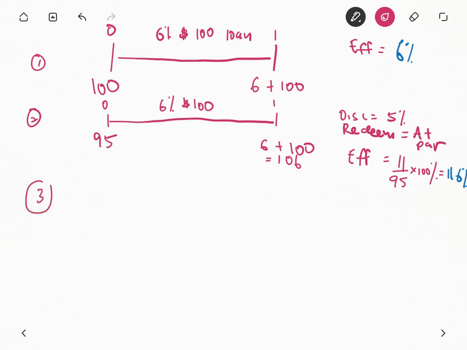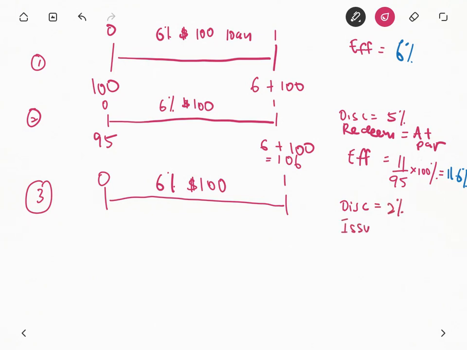Number 3. I signed an agreement to borrow $100. Discount 2%. Issue cost will be $3.